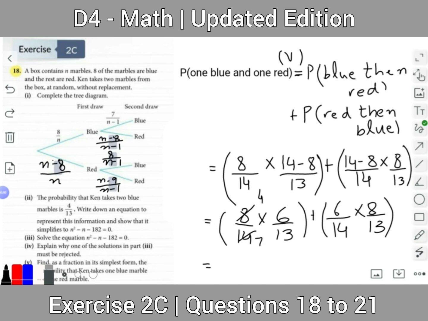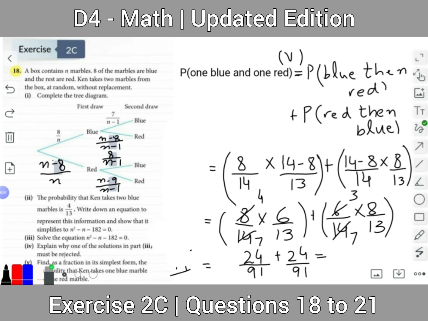Here we have 2 3s are 6 and 2 7s are 14. So here we have 6 4s are 24 over 13 multiplied by 7 is 91. So here we have over 91 plus, here we have 24 over 91 again.